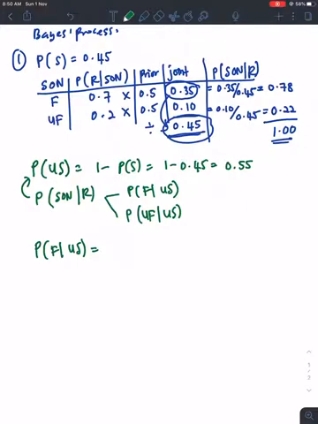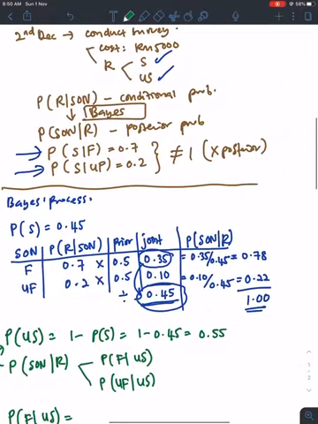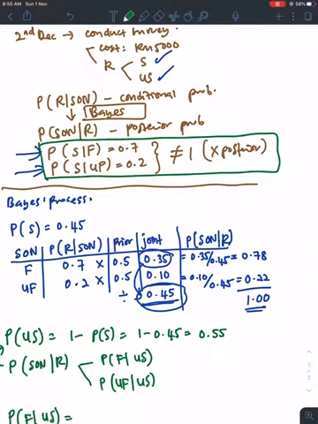Equal to macam mana? So, kita akan ambil joint probability. Okay, kat sini kita dapat information on conditional probability based on result success. So, kita boleh cari untuk unsuccess pula.